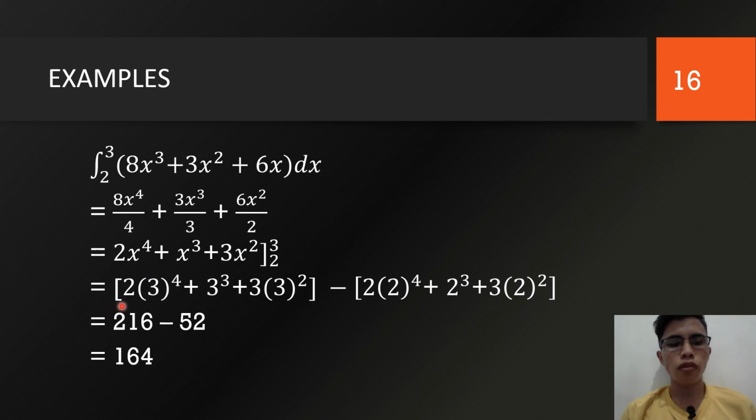So the value of upper limit, which is equal to 216, minus the value of the lower limit, which is 52, gives us the result of 164. So ito na yung value ng ating integral. Okay.